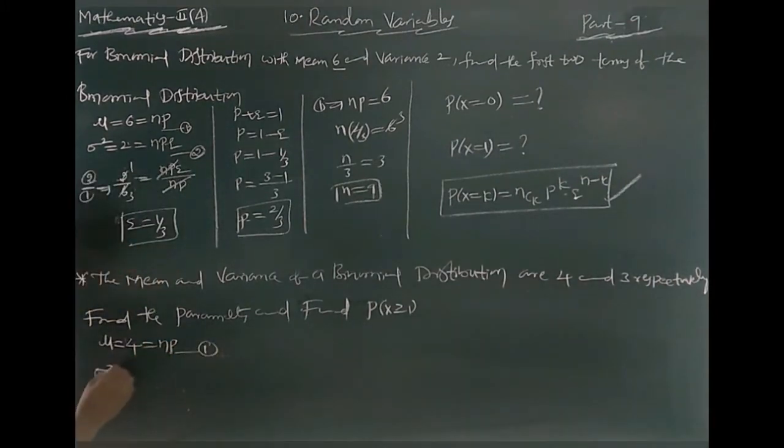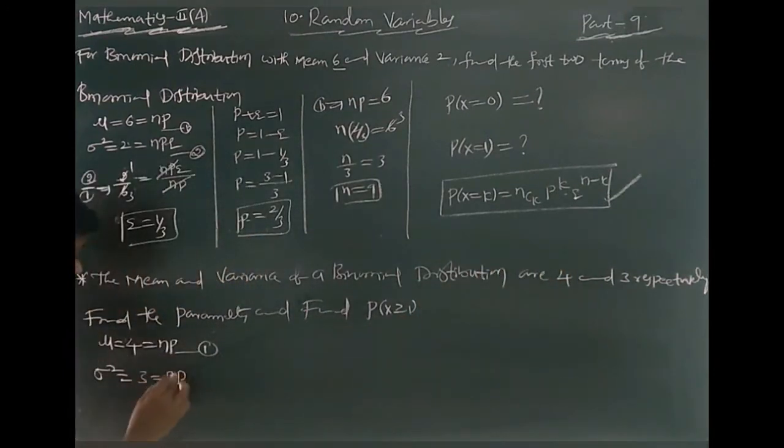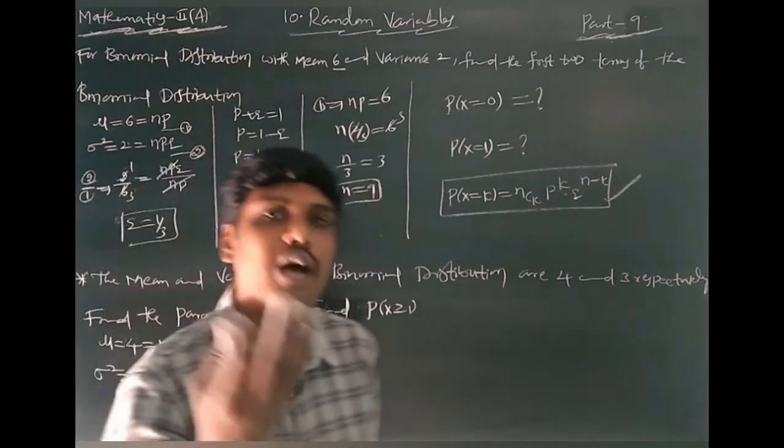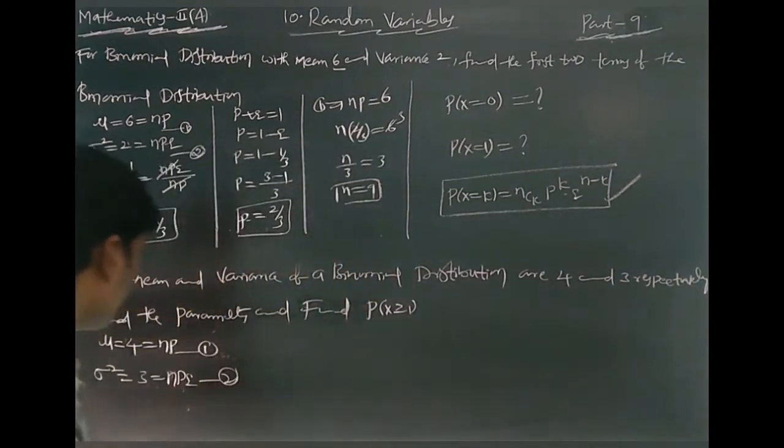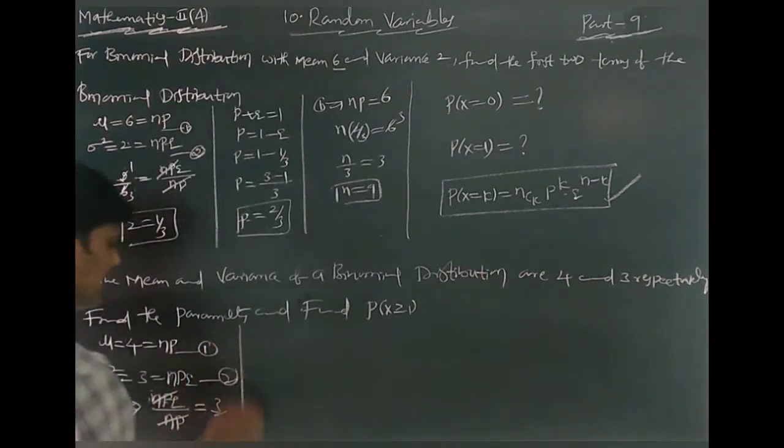Variance is also given. Variance equal to 3, that is equal to npq. npq, what is this? These are the binomial distribution formulas for mean and variance. After that, we can do 2 by 1. npq by np is equal to 3 by 4. Then np gets cancelled.